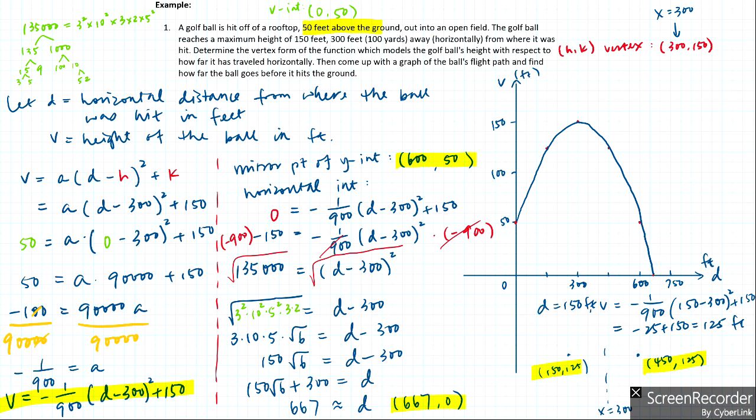And moreover, we can conclude and answer the question that the ball would hit the ground when it has traveled 667 feet horizontally. And that concludes this question.